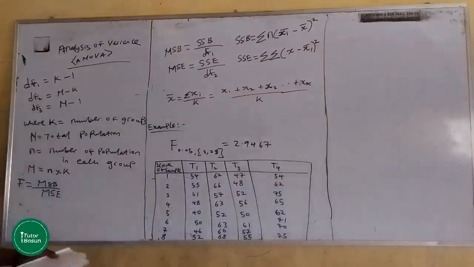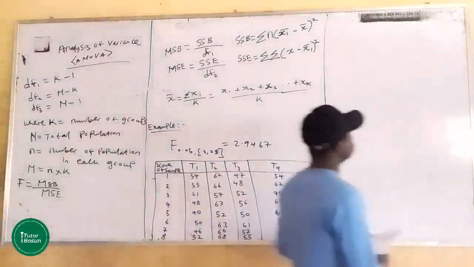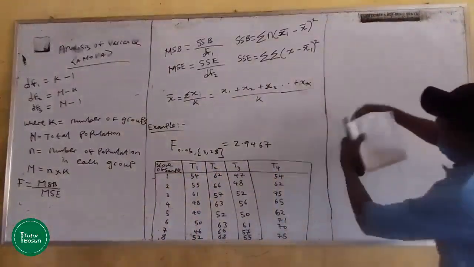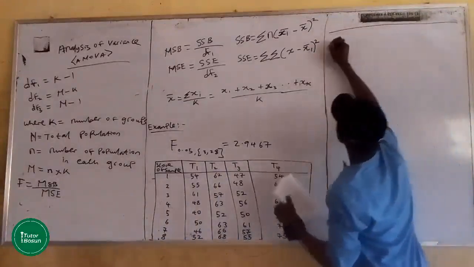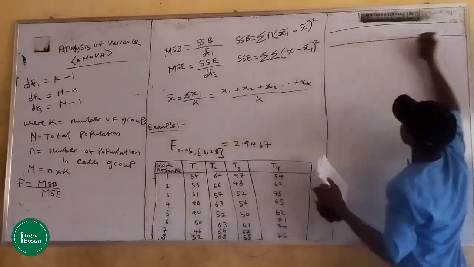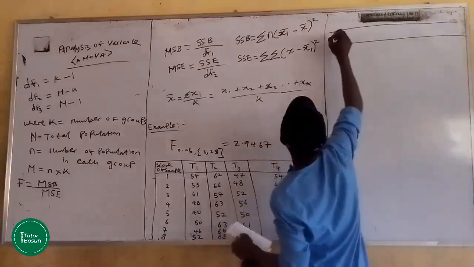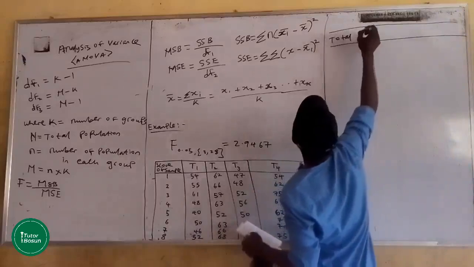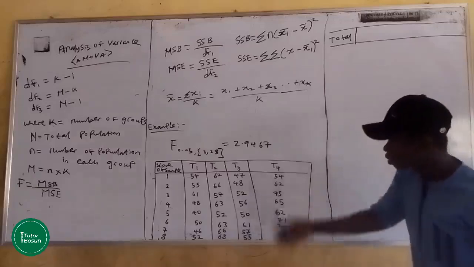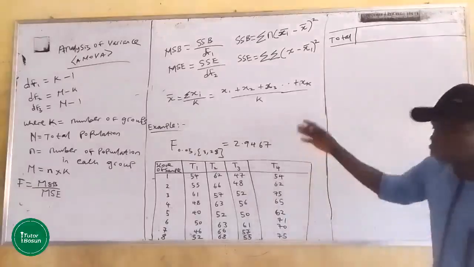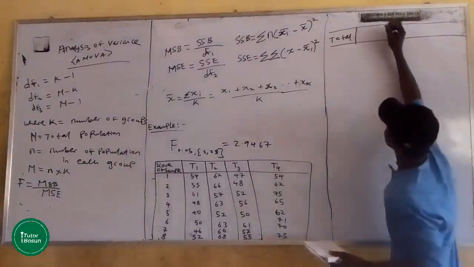We also have our totals. As you can see, the table we're given involves total. And if the total is not given, it's something you can just use the calculator to sum together to get your total.